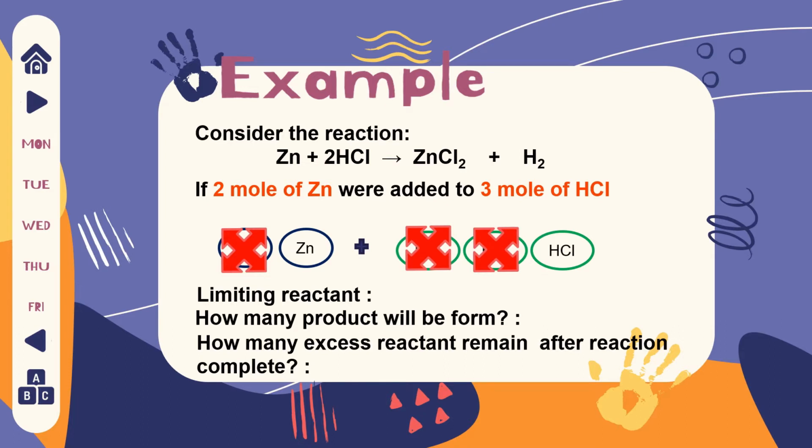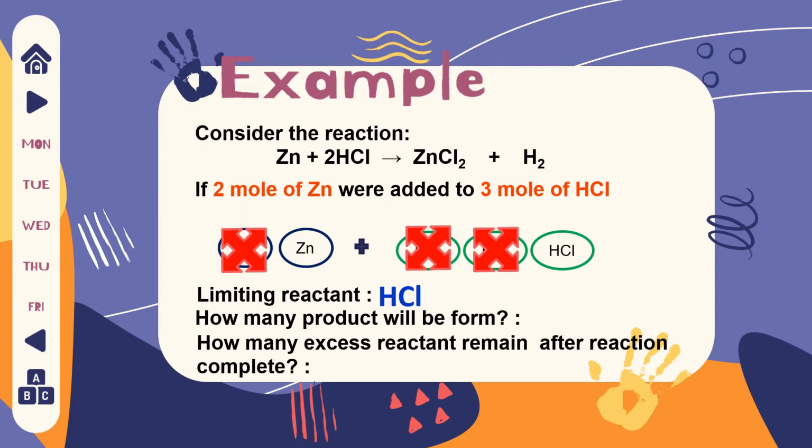So to form another 1 zinc chloride, you need to have another 1 HCl. So you hanya ada 3, so tak cukup to form another 1 zinc chloride. So your limiting reactant is HCl because you don't have enough HCl to form another 1 zinc chloride.